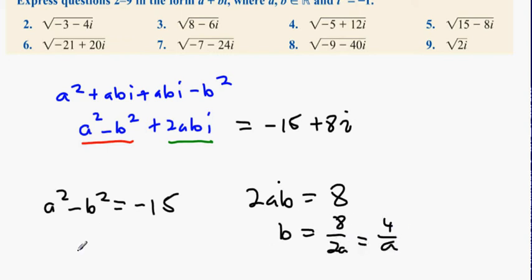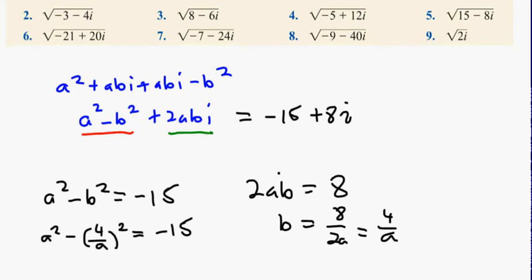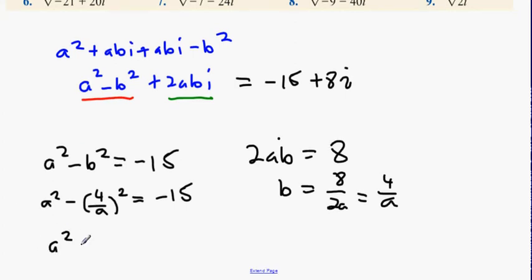You can insert this in this equation here, so what we're going to get is a squared minus (4 over a) squared equals minus 15. Square this out, and we get a squared minus 16 over a squared equals minus 15.